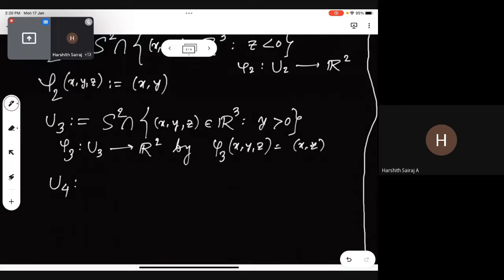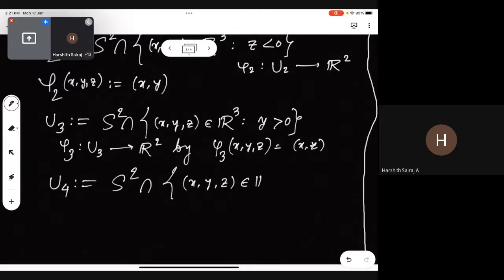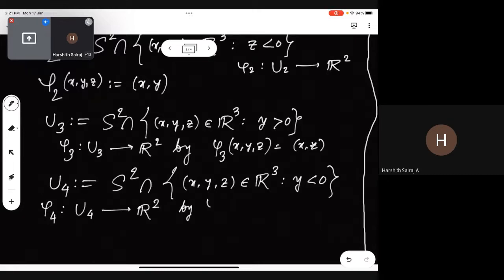Similarly, you define U4 as S2 intersection {(x, y, z) in R3 such that y is less than 0}, and phi4 from U4 to R2 by phi4(x, y, z) is equal to (x, z).